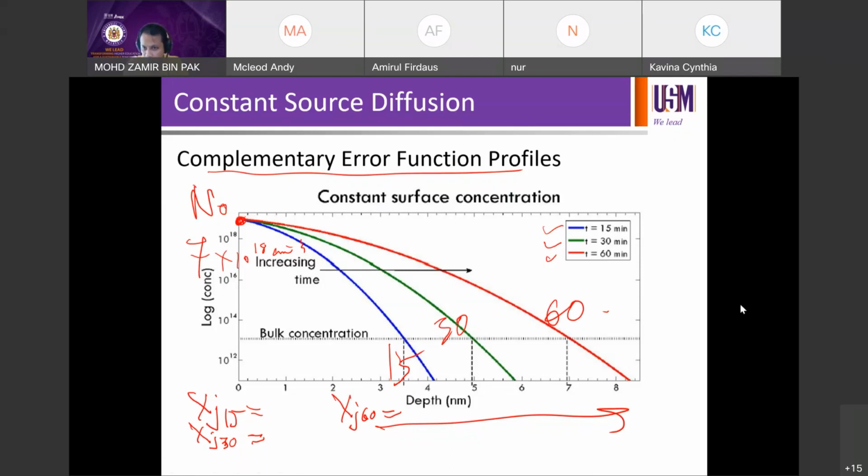Alright, so let's see here. Take the bulk concentration. Okay, then if you take the bulk, then the line there, okay, then how do you determine? Intercept between, habiskan jawapan tu. Intercept between depth and bulk, right? Intercept between your dopant profile, habis explain accordingly.